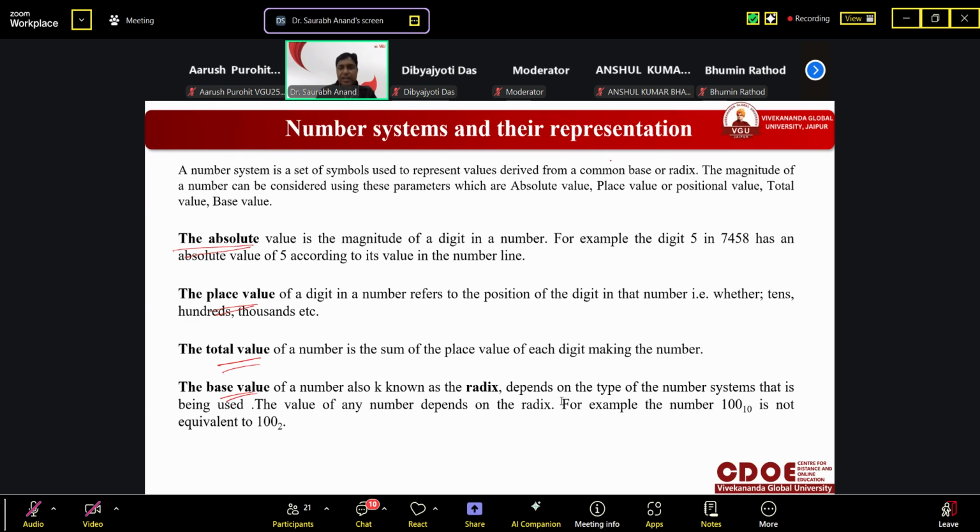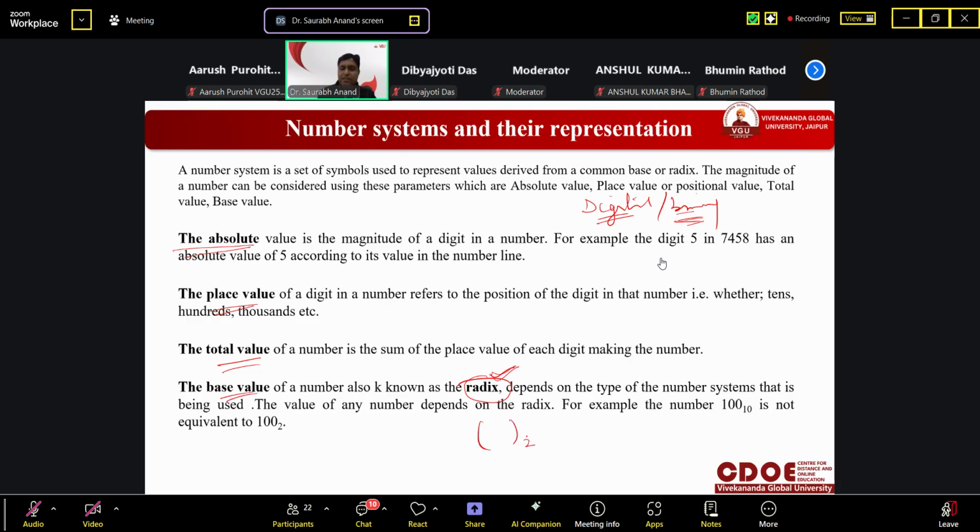Whenever we have any number system, digital, binary, any number, there will be a main value that is known as radix. So we can understand whether the given number is decimal, binary, octal, or hexadecimal. It is shown by the radix.